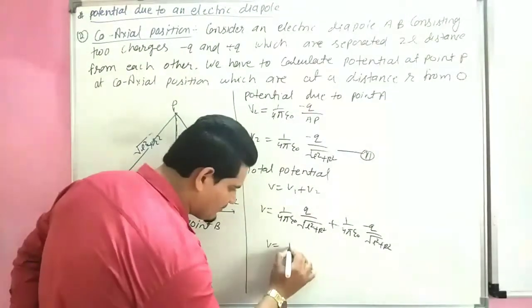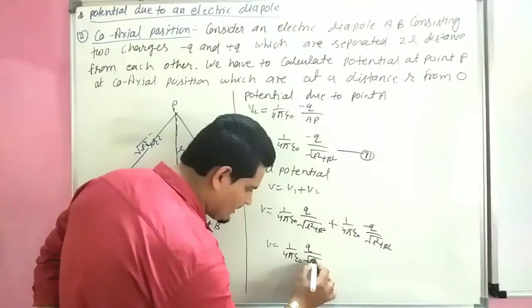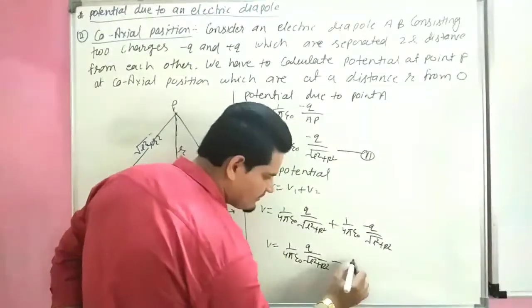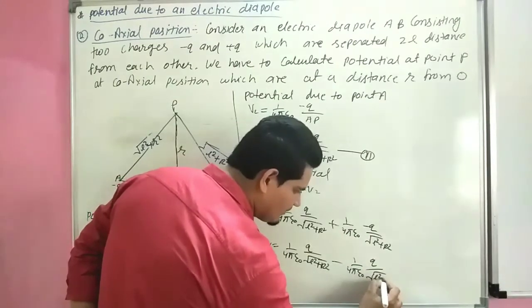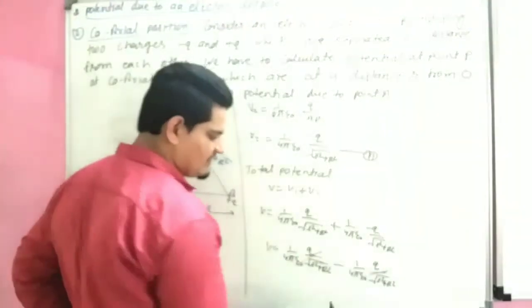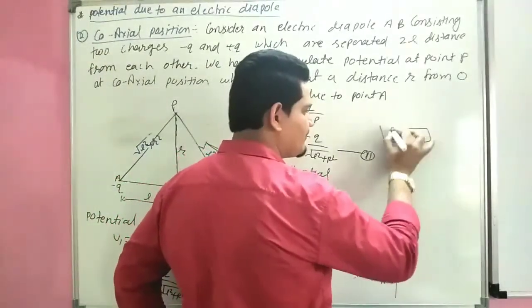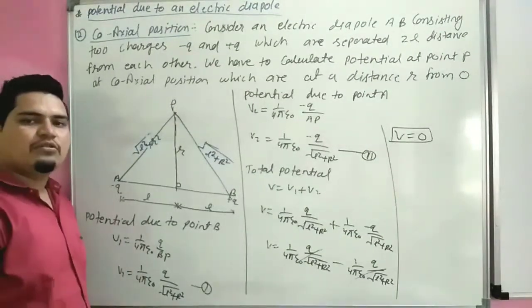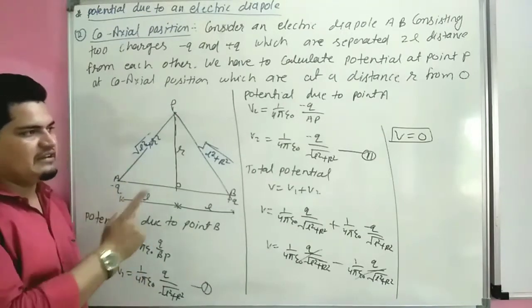The plus and minus terms are the same, so they cancel out each other. So V is equal to 0. The conclusion is that the potential due to an electric dipole at coaxial position is 0.